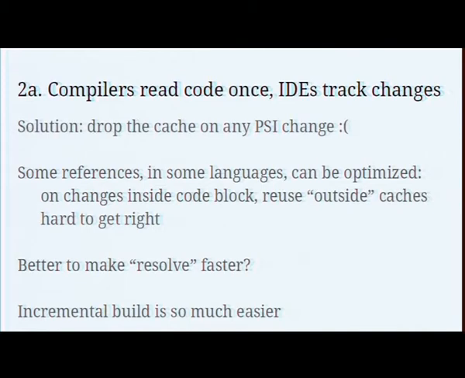And this cannot affect the method, the return type of the containing method, the superclass of the current class, and so on. So we have some special cache that is only invalidated when something outside a code block changes, something that could affect reference resolution in other files.